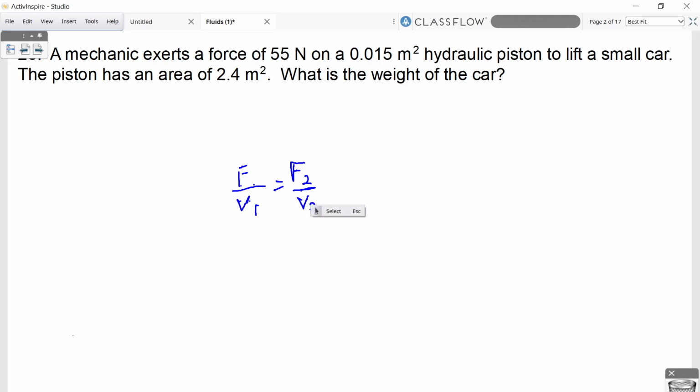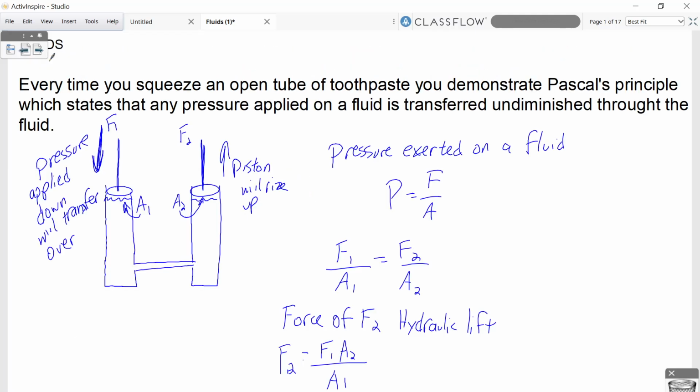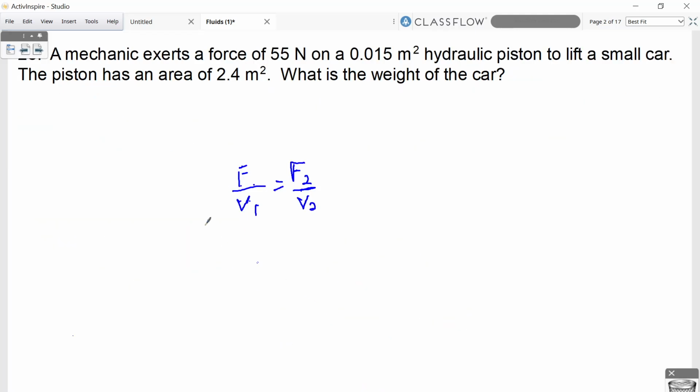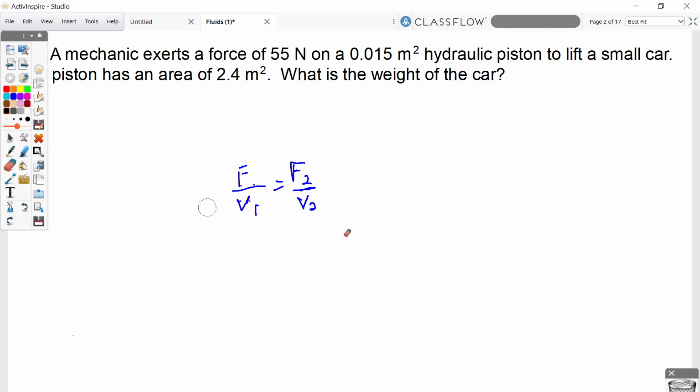And that should be area, A1, right? Let's go ahead and correct that.